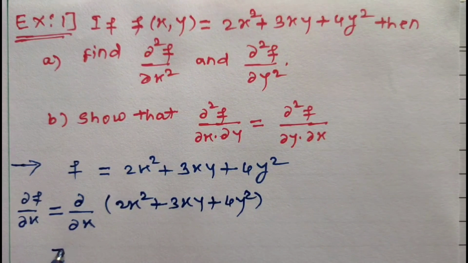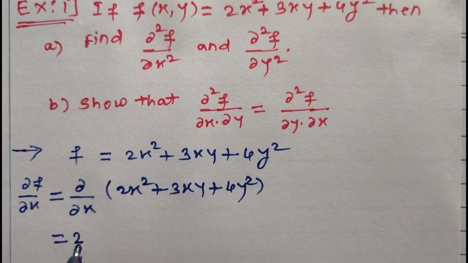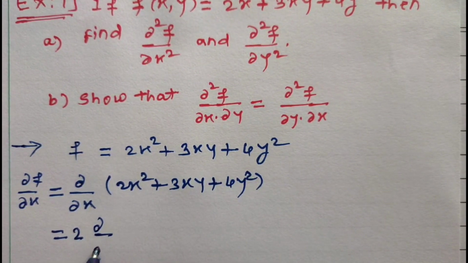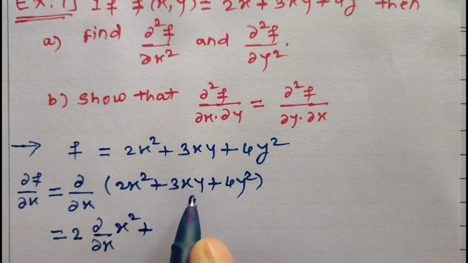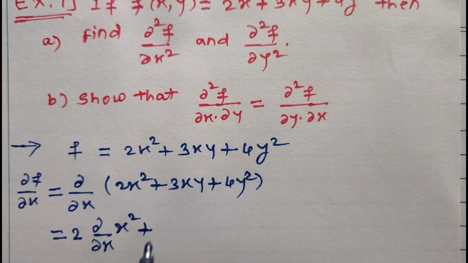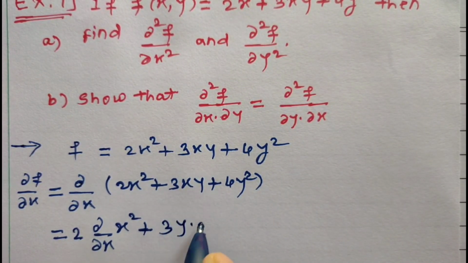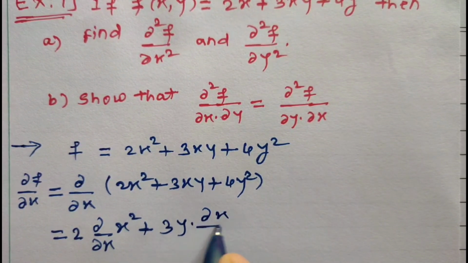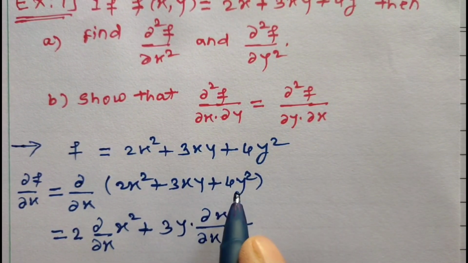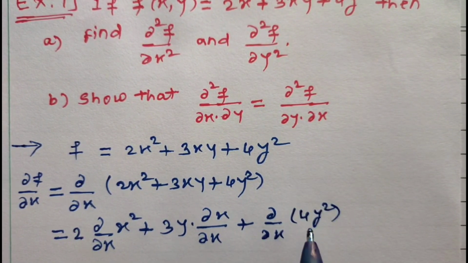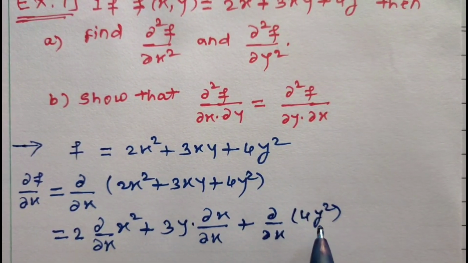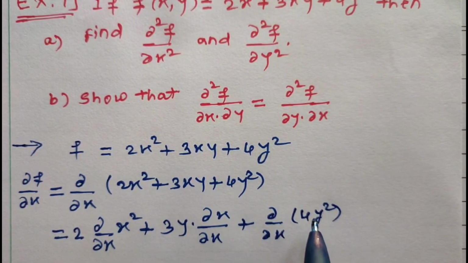Now separating the terms: first, the partial derivative of 2x square, where 2 is a constant coefficient, times the partial derivative of x square with respect to x. Plus, since we are differentiating with respect to x, 3y is a constant coefficient, so 3y into the partial derivative of x with respect to x. Plus 4y square is a constant function, so its partial derivative with respect to x is 0.